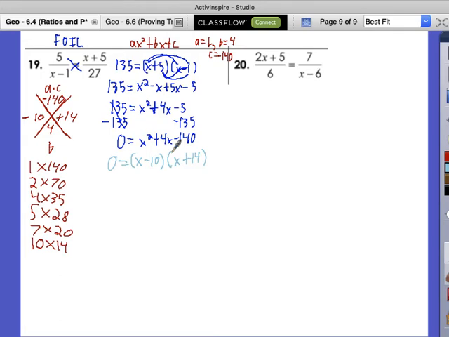Now, what happens when you multiply two numbers to get 0? What does one of the numbers have to be? 0. You can't multiply two numbers and get 0 unless one of them is 0, or both of them are 0. Think of a way that you can multiply to get 0 that doesn't include 0. You can't.